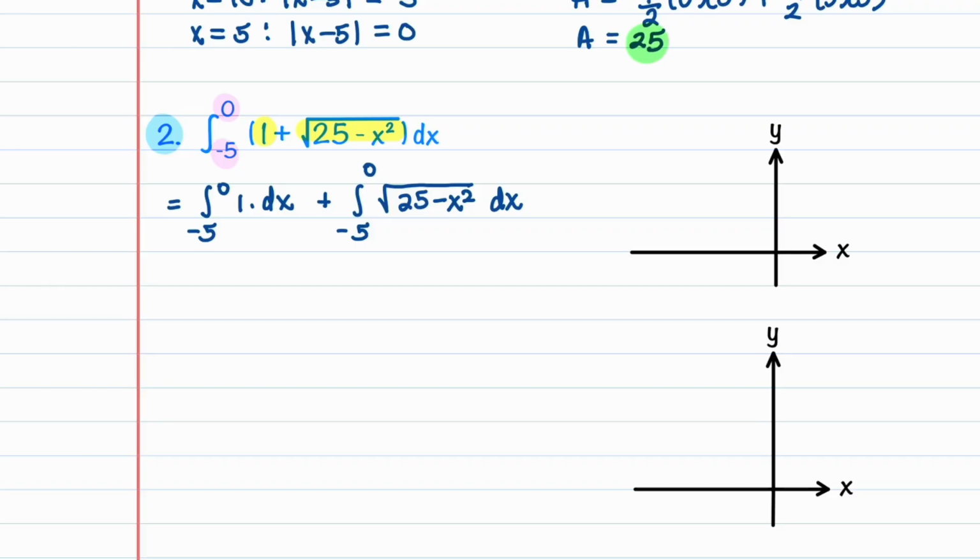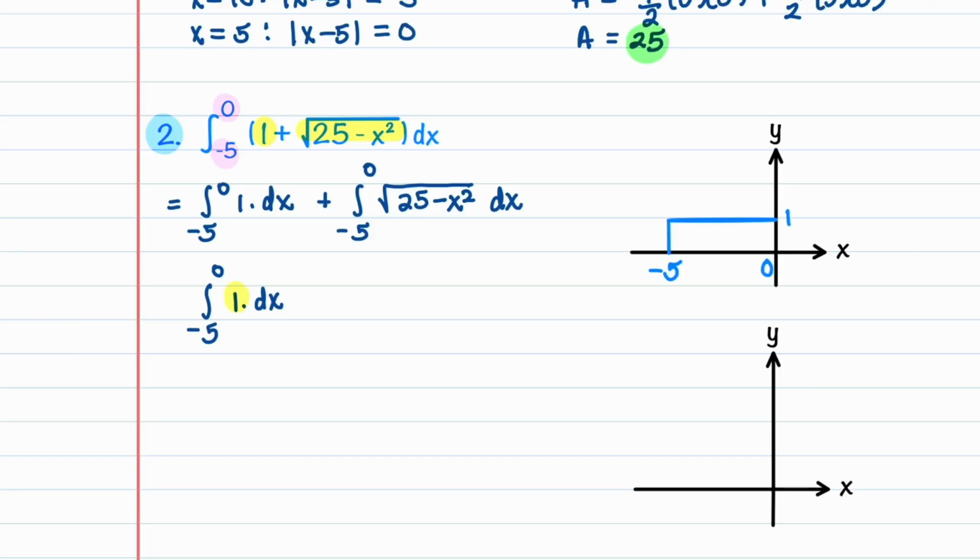Let's start by looking at the integral from minus 5 to 0 of 1 times dx. Our function is equal to 1, so up here on our graph, I am going to draw the line y is equal to 1. And we're going to go from minus 5 to 0.